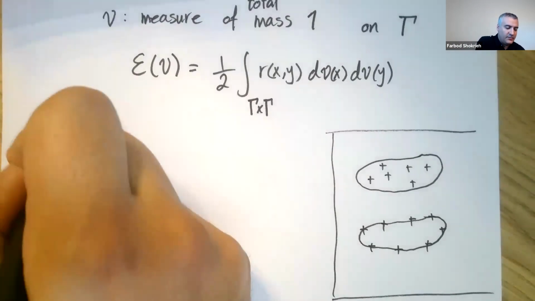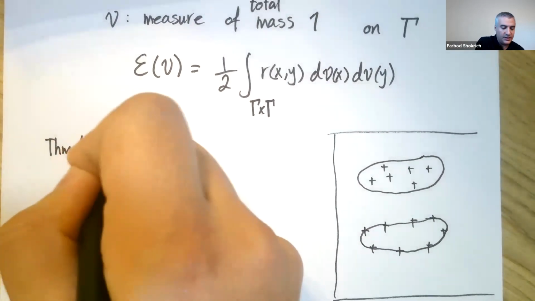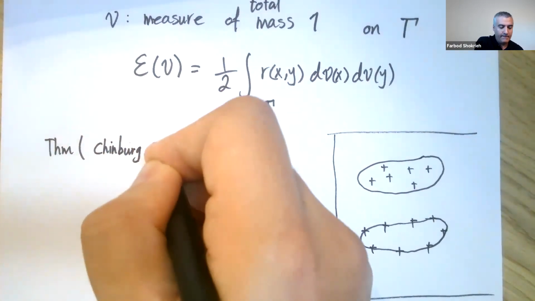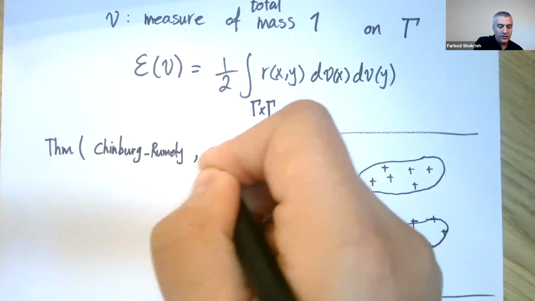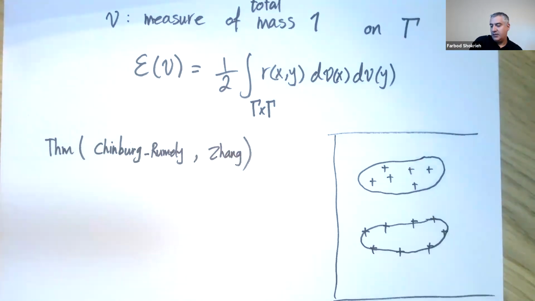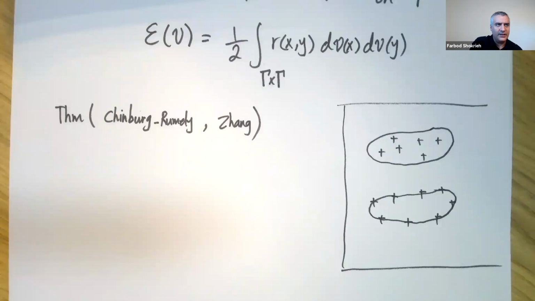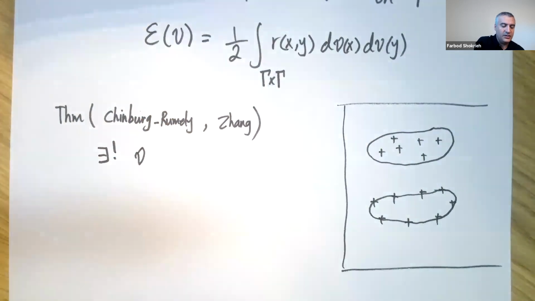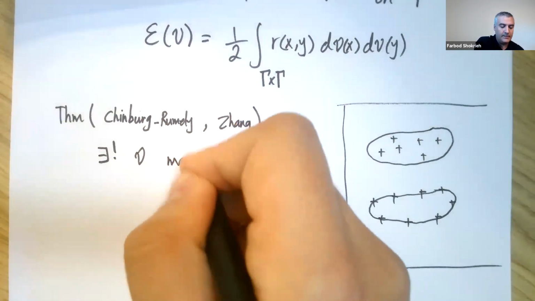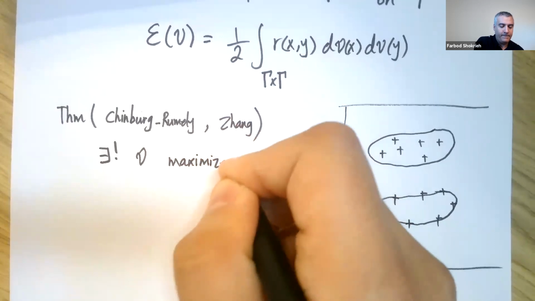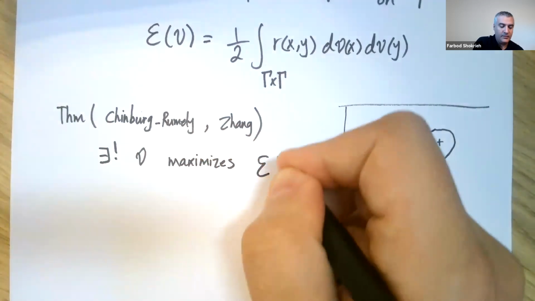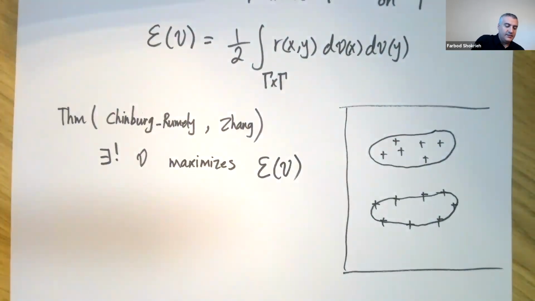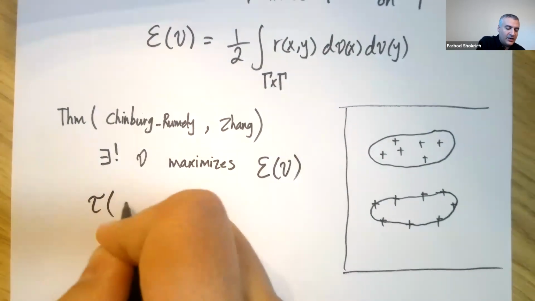And so the theorem of Chinberg and Rumley and a follow-up work of Zhang can be interpreted, though they don't phrase it quite the way that I'm phrasing it, as follows: there is a unique measure which maximizes this energy. The amount of the maximum is called tau.